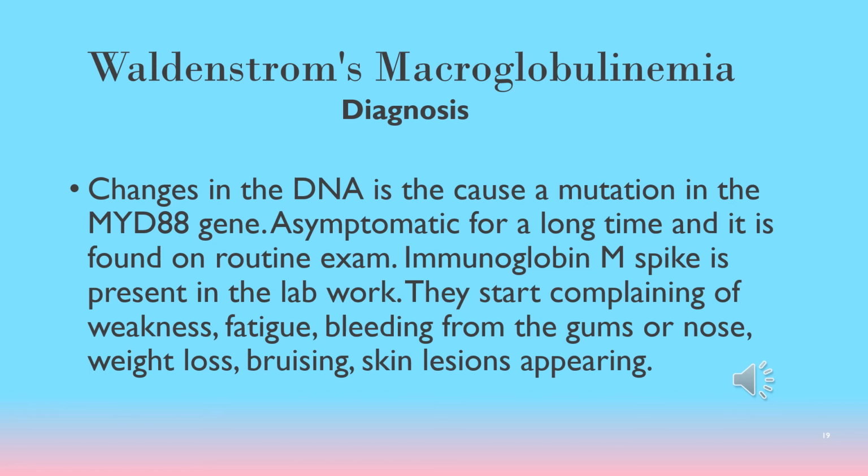But again, being asymptomatic for a long time and then all of a sudden starting to develop these serious problems, by the time you start to actually present with issues, it's already gone on long enough that it's affecting the way the organs can work. That's why you start to have all of these issues.